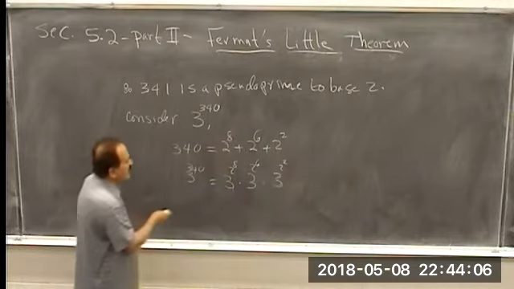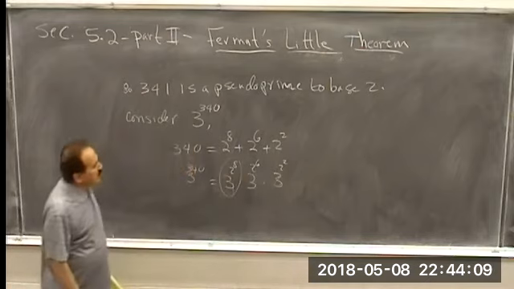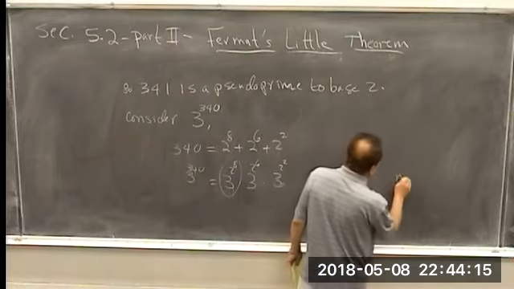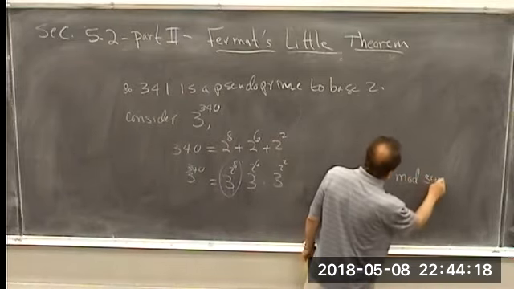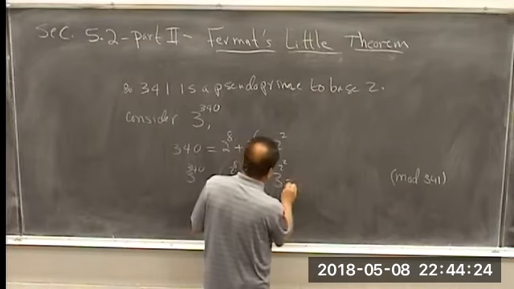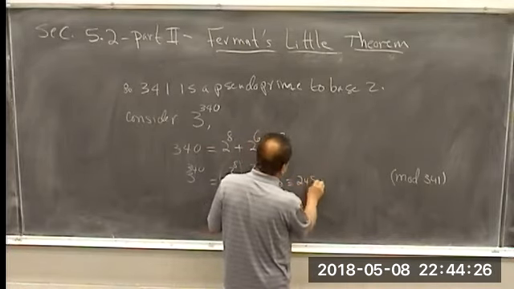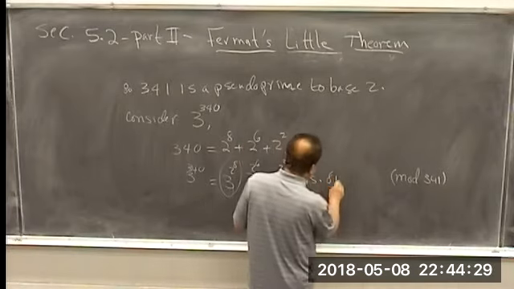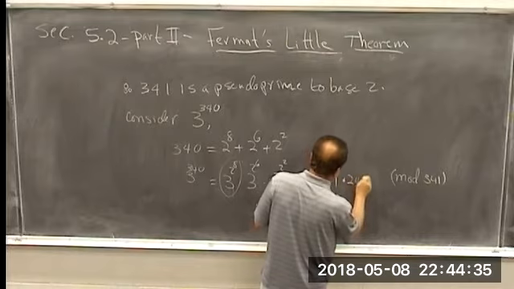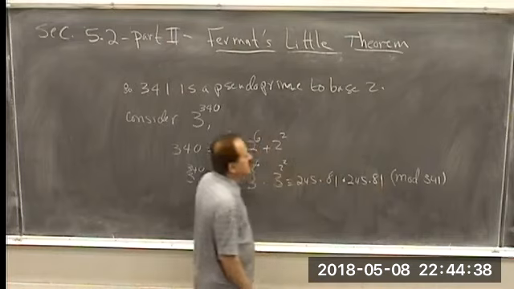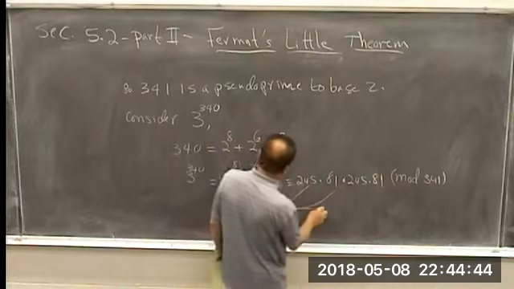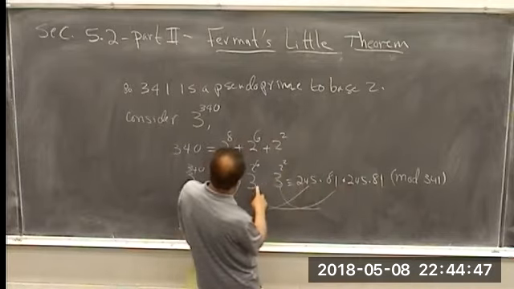By doing repeated squaring and reducing mod 341, you're going to see this is congruent to 245, then 81, then 245, then 81.